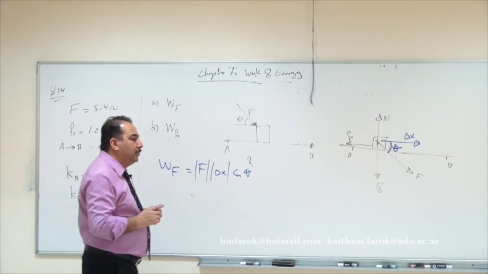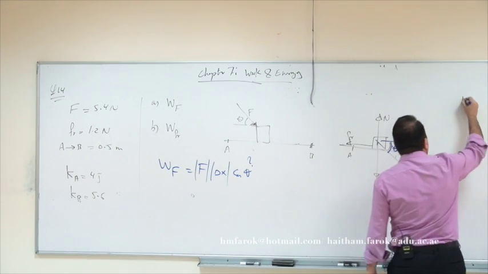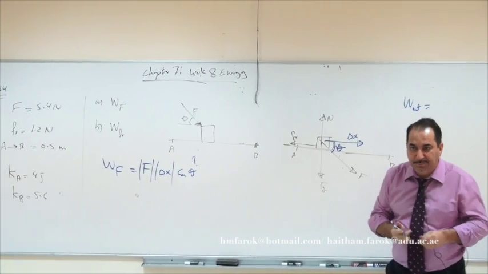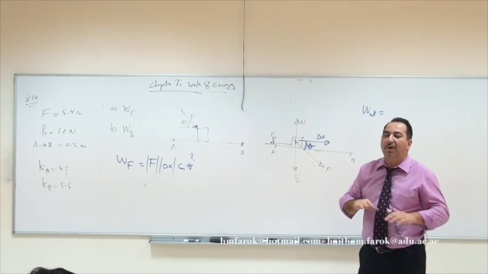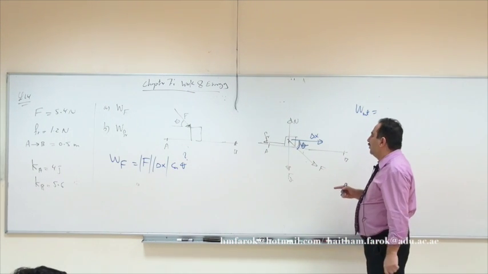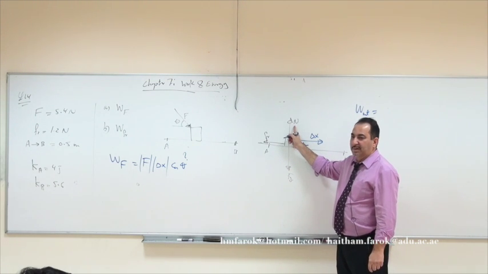You go back to W net. What does it mean, W net? Total work. Yes? Now, when you say total work, it means work of all the forces. How many forces do we have here? 4. But remember, N doesn't have work.